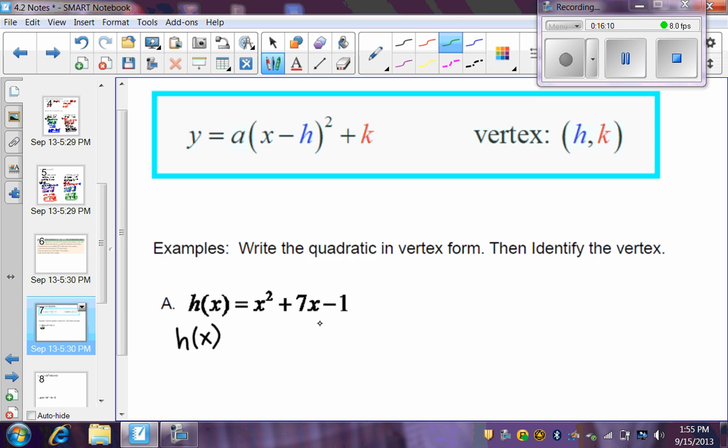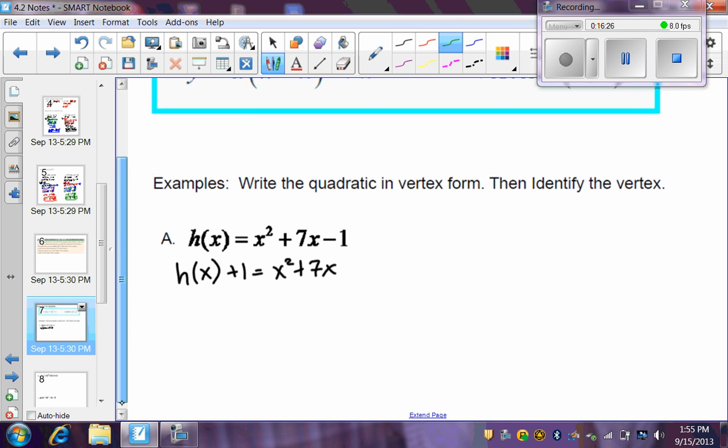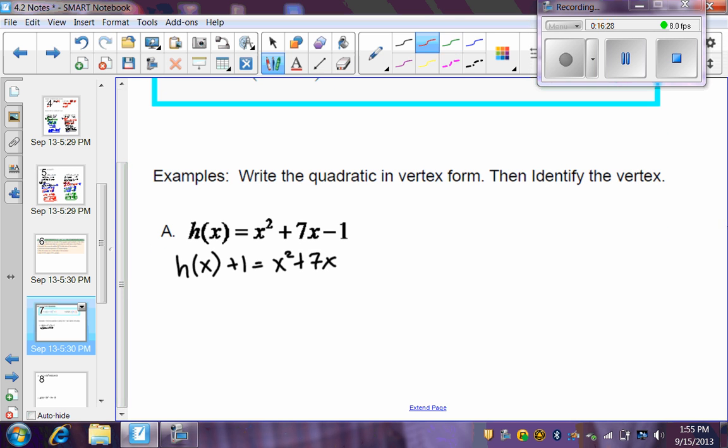So our first step would be to take the c and move it to the other side, so that means that I'm going to add 1 to both sides, so that becomes h of x plus 1 equals x squared plus 7x. Now complete the square, so our b term here is 7, so 7 over 2 is a decimal answer, so I don't want that.